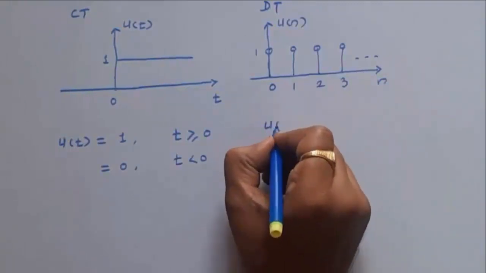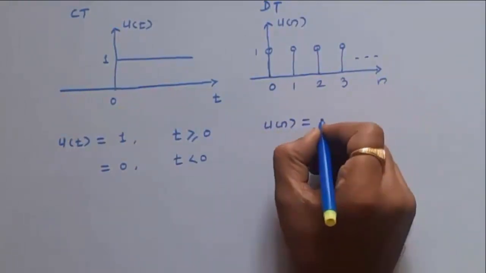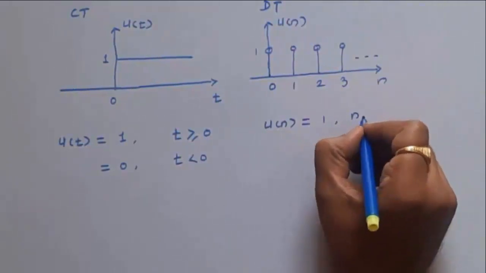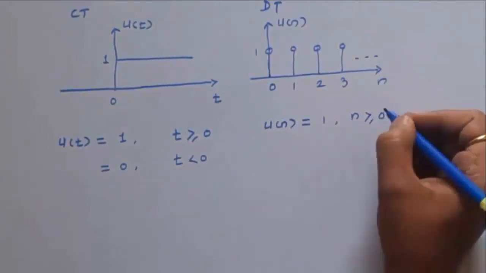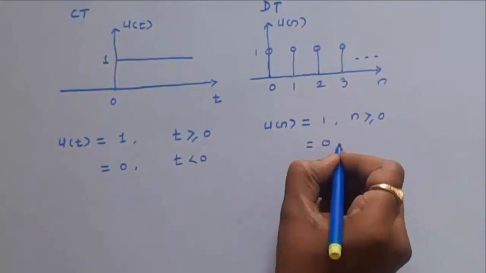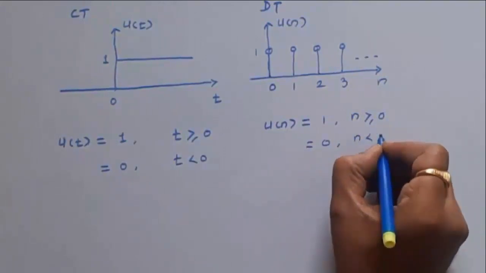If we represent this signal mathematically, we can write u[n] = 1 for all values of n greater than or equal to 0, and u[n] = 0 for n less than 0.